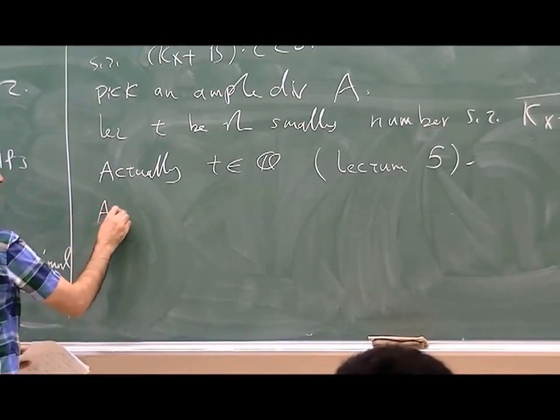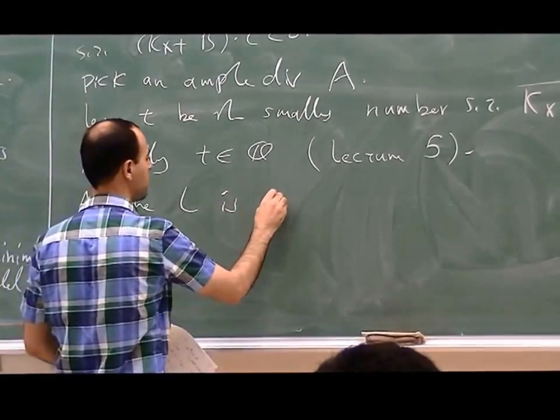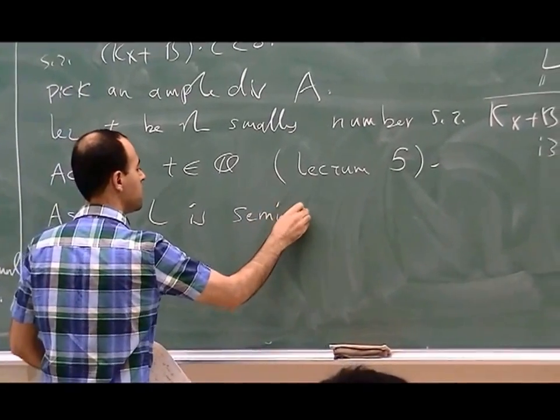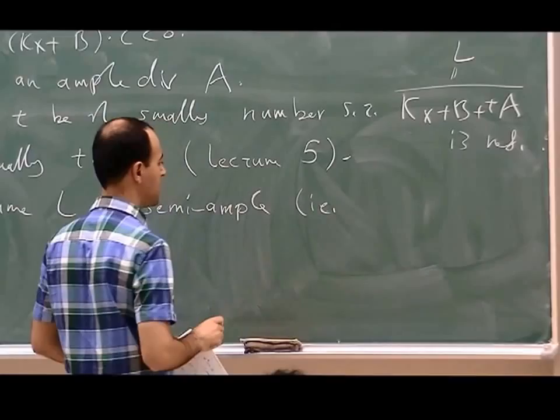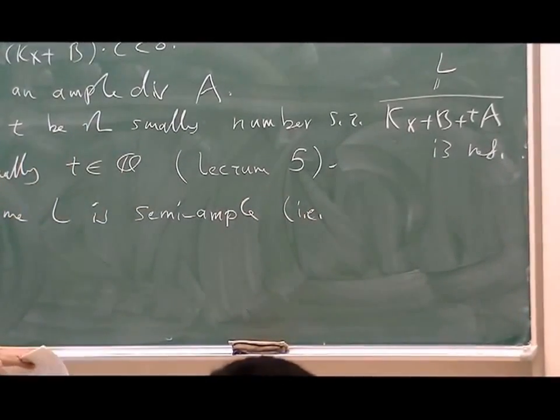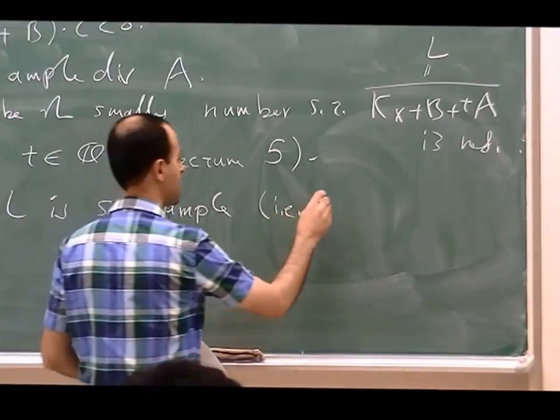In other words, assume that L is what we call semi-ample. I introduce all this terminology so that you can become more familiar with the language of birational geometry.